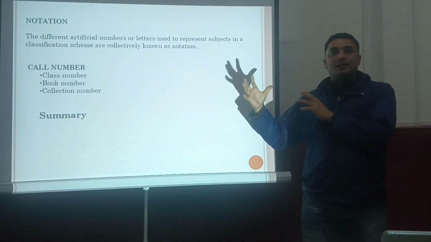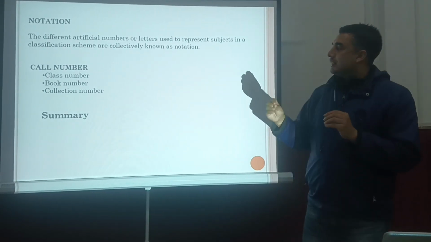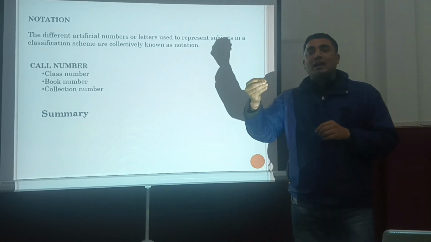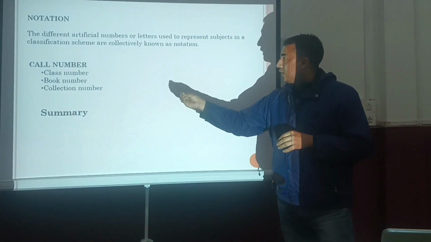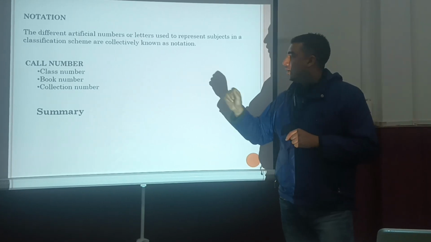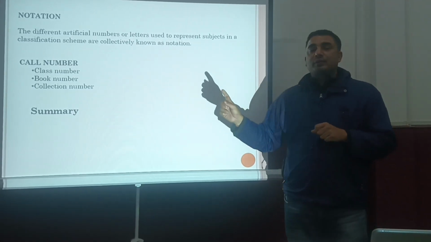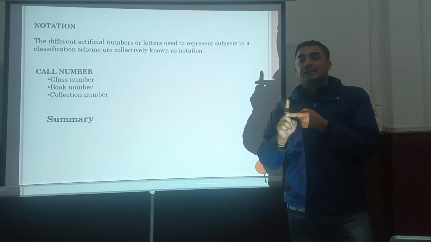In a library there is a certain call number. This call number is actually a class number which we derive from notation. Then we have to assign a book number, and when we give a collection number, that time we call it a call number. The class number we derive from a specific classification scheme.